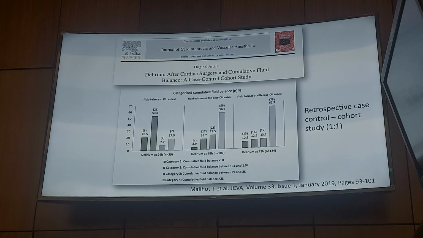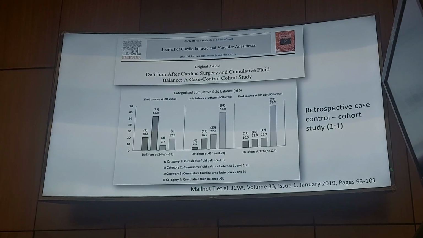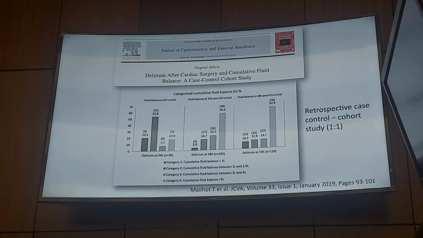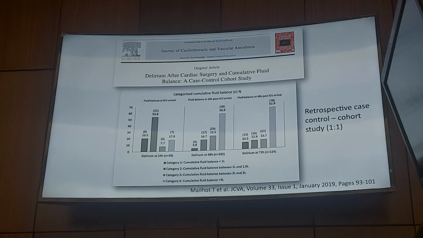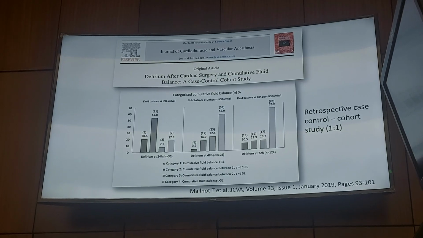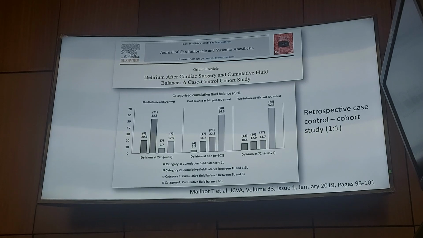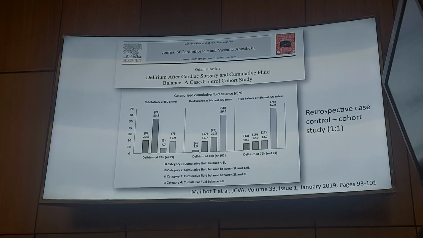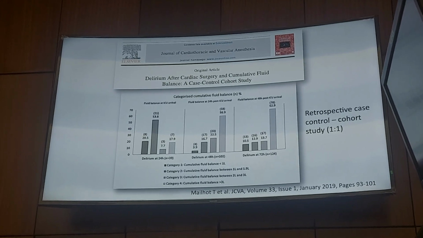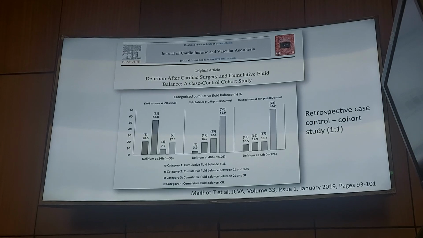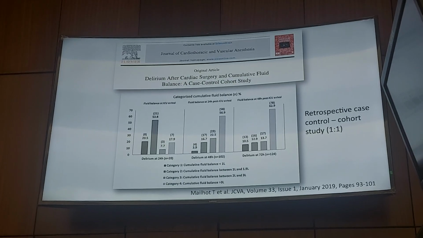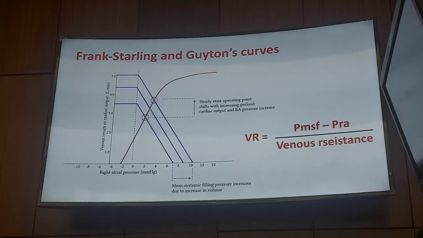And they found that 48 hours onwards after cardiac surgery, excessive cumulative fluid balance was strongly correlated to hyperactive delirium, which is very interesting. So why could that be the case? Could it be from brain congestion, from fluid overload? Could it be from liver congestion with release of chemicals in the blood?